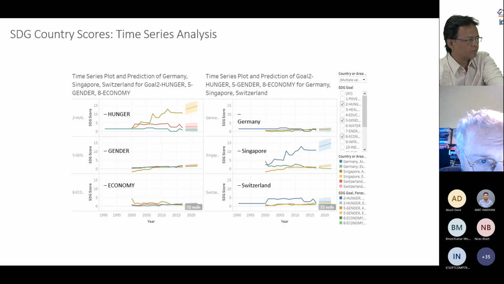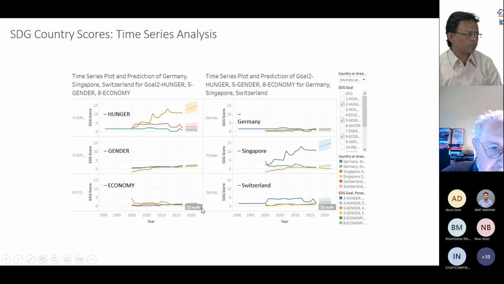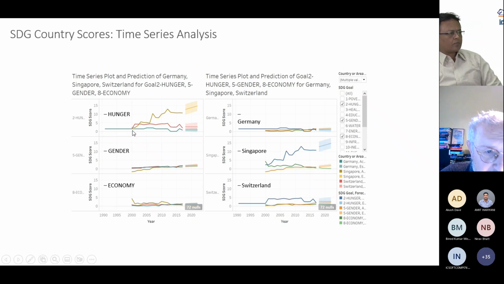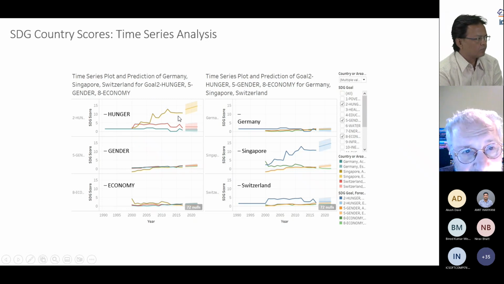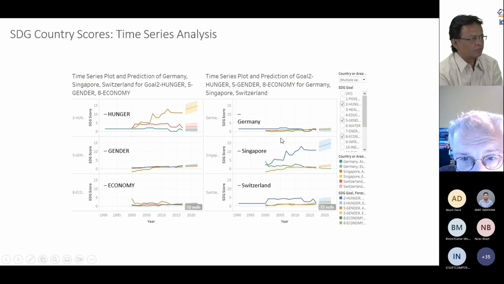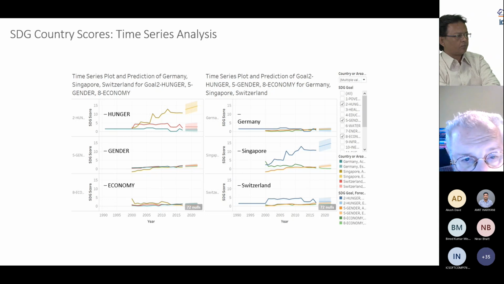And you can see how the SDG goals are going. You see hunger, for instance, is now in a better situation all over the world. Stability here is also for gender, also for economy. You see stability, nothing special regarding these indicators.